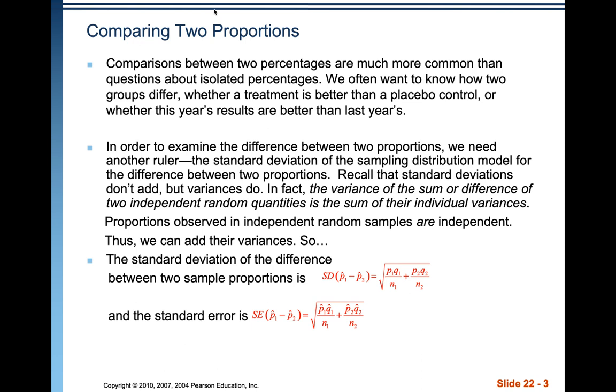Thus, we can add their variance. So that means the standard deviation of the difference between two sample proportions is the square root of P1 times Q1 over N1 plus P2 times Q2 over N2. And the corresponding standard error is the same thing, but with the P's and Q's with their hats on.